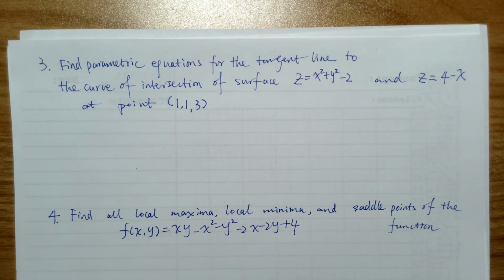Let's see how we handle that. It turns out you still need to do some evaluation for the gradient, since both surfaces are related to the gradient. Let's take a look at it here.